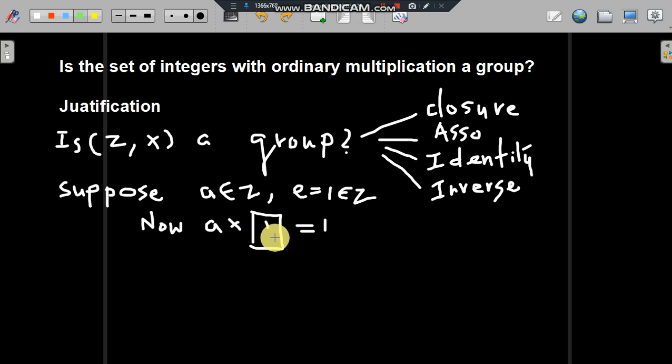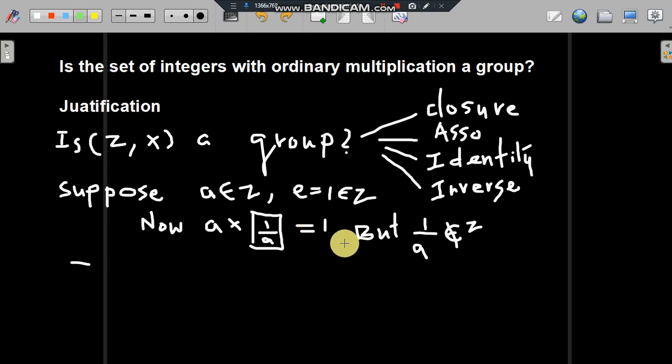But here the possible number is 1 by A. If you do ordinary multiplication of A by 1 by A, you will get 1. But this 1 by A does not belong to Z. That's the problem here. 1 by A does not belong to Z, so this number also must belong to Z. For each A, there must be an inverse, such that if you multiply any number by its inverse, we get the identity number.